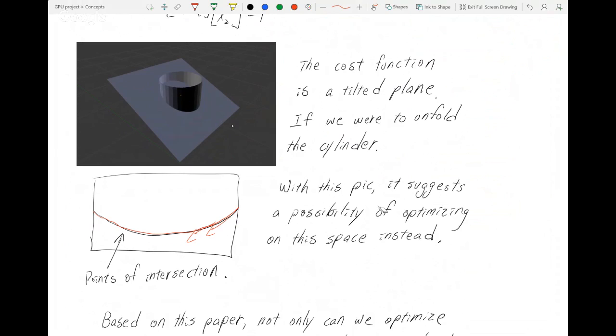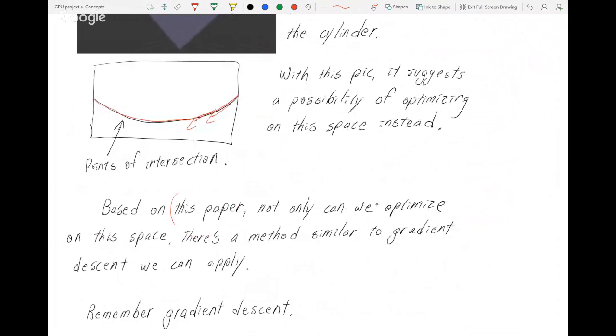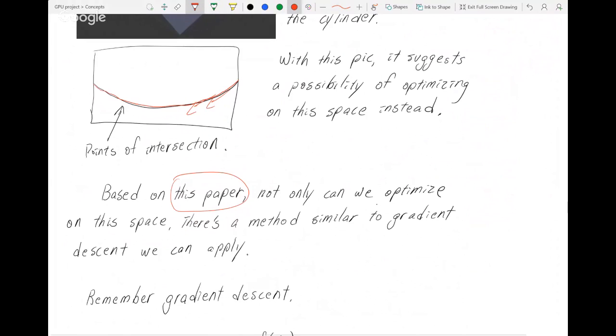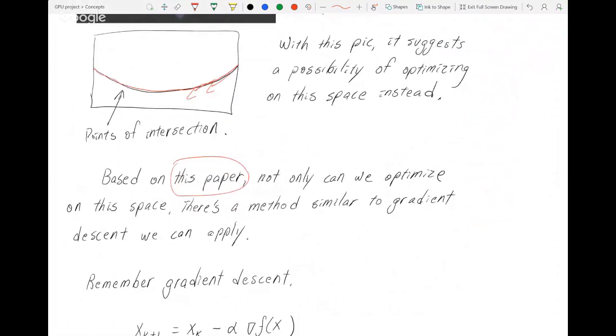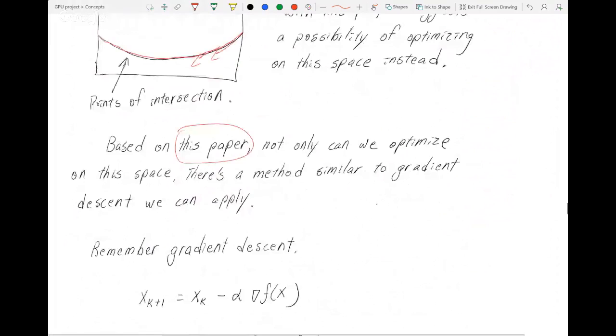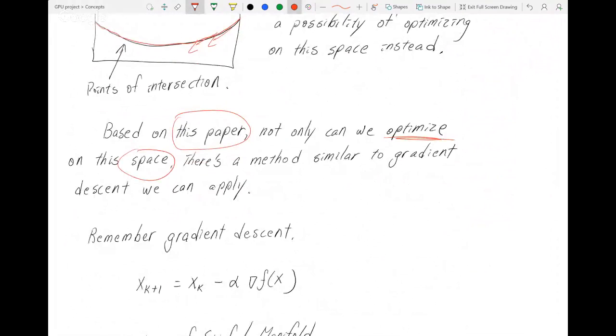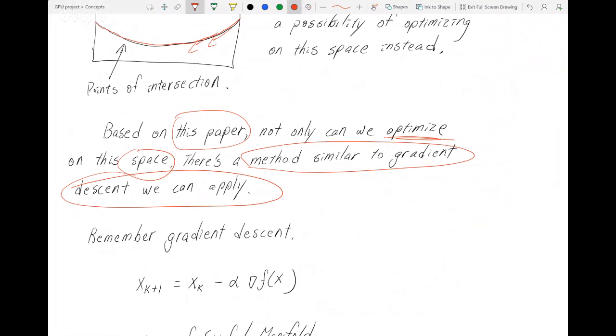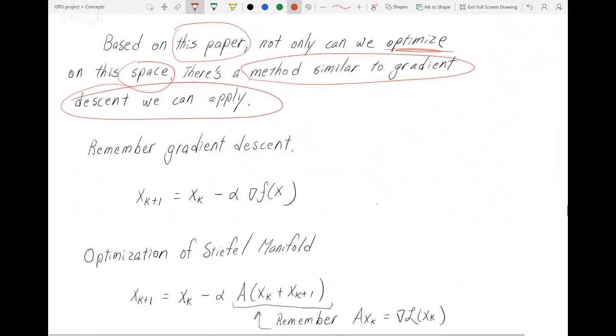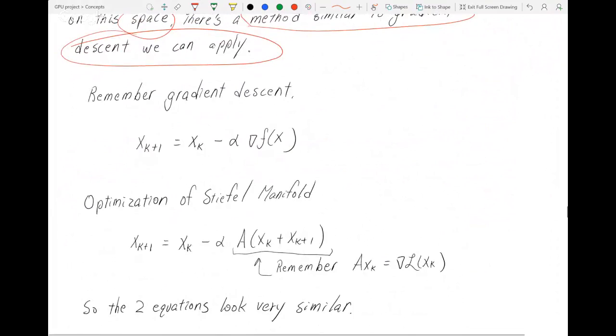Now, based on this paper, that I think I listed in the comments, everything we are doing here is actually based on this paper. Not only can we optimize on this space, there's actually a method very similar to gradient descent that we can apply. Now, if you remember gradient descent, you have some x, and you can update to x_{k+1}. So you will go from k to k plus 1, and you get the next x.